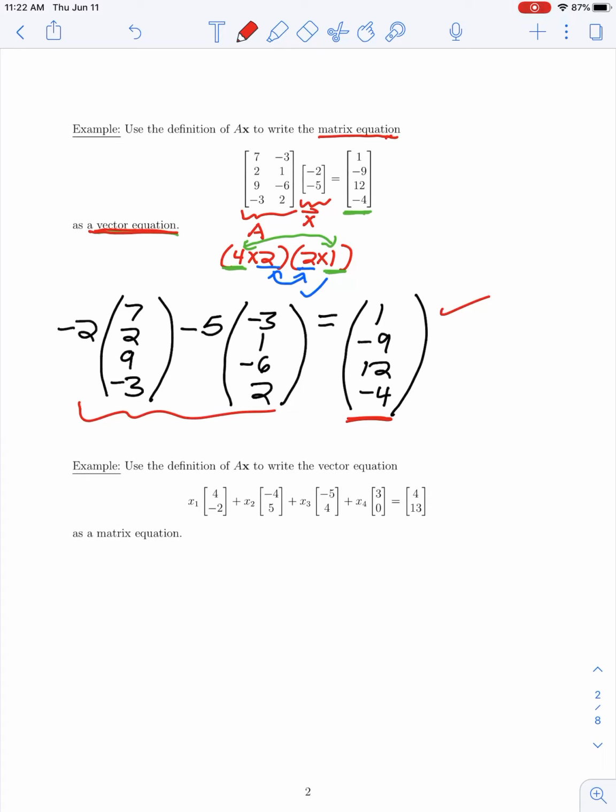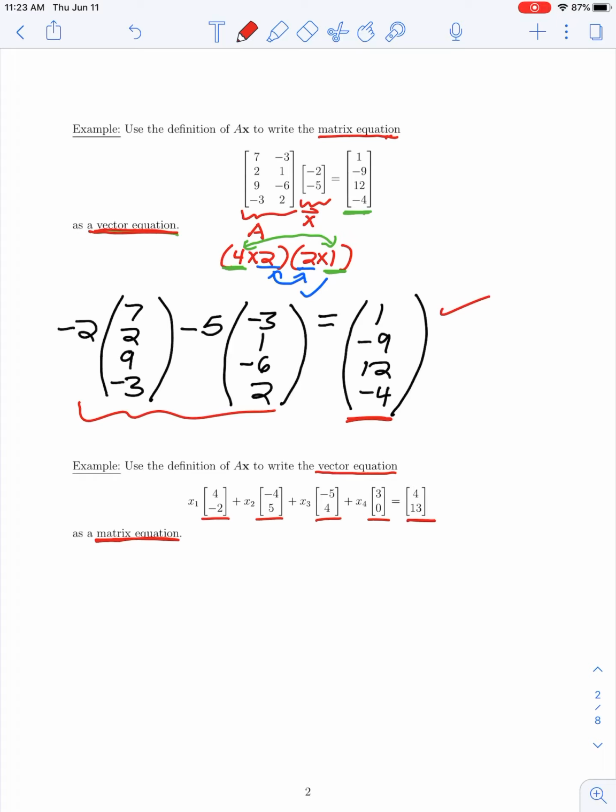So here we are given a vector equation, that is some equation involving vectors. So here we're taking a linear combination of 4 vectors with weights given by x1, x2, x3, and x4, and the linear combination is equal to some vector 4, 13. So we want to rewrite this vector equation as a matrix equation.